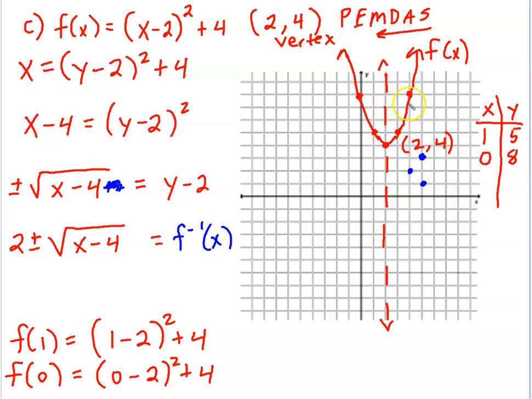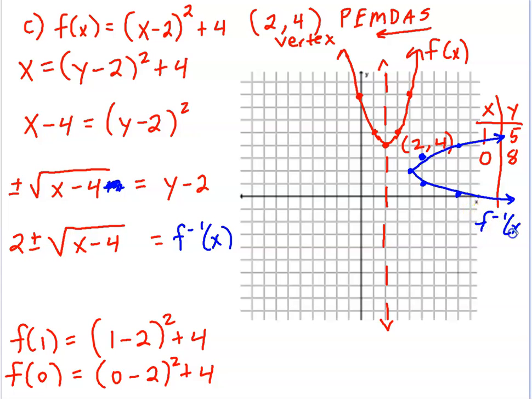This point is 4, 8. When you switch those, you get 8, 4. And this is 0, 8 on the red, so the blue will have 8, 0. So here is something that is 100% true every single time.